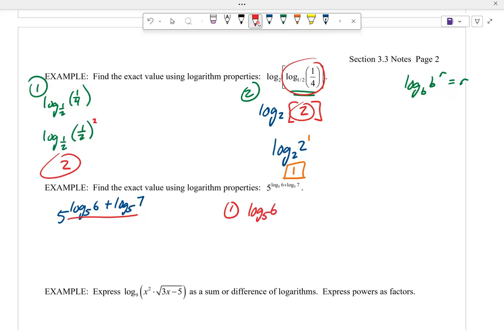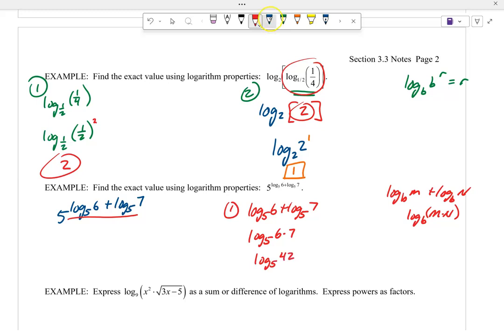Log base 5 of 6 plus log base 5 of 7. I'm going to use the rule log base b of m plus log base b of n. It will condense into log base b of m times n. So this will become log base 5 of 6 times 7, or log base 5 of 42.